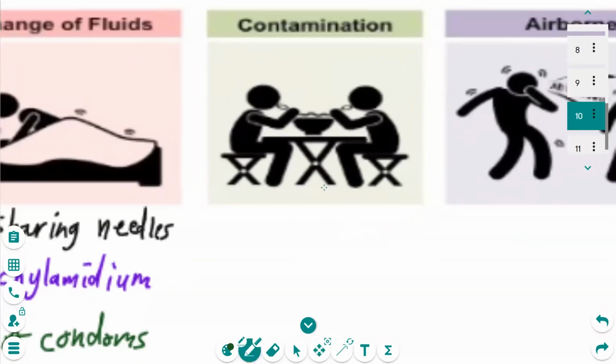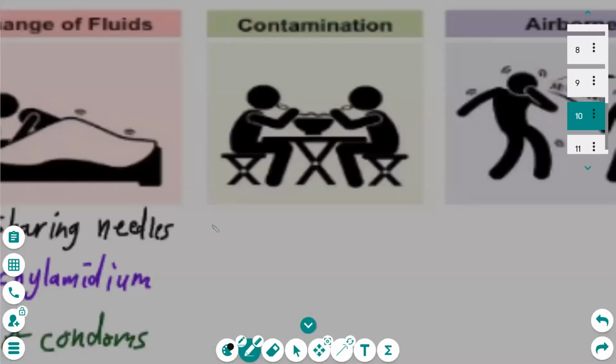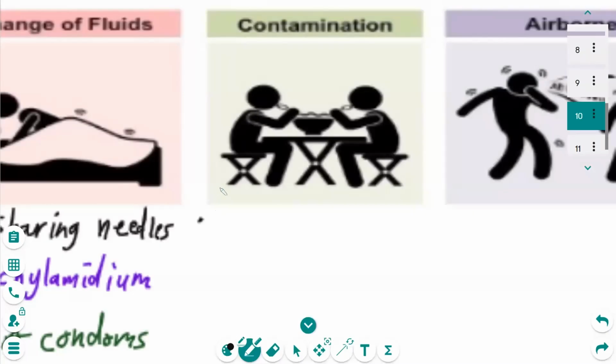Okay, next one is contamination, and this is a bit grosser because in the textbook it's sometimes referred to as, it sounds gross, but it's called fecal oral transmission, which means exactly what it sounds like, feces mouth.